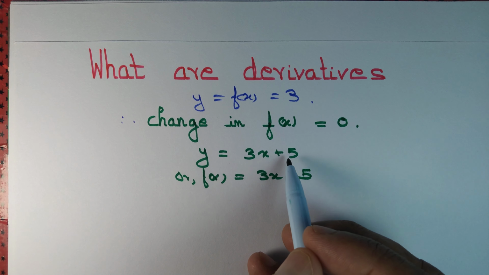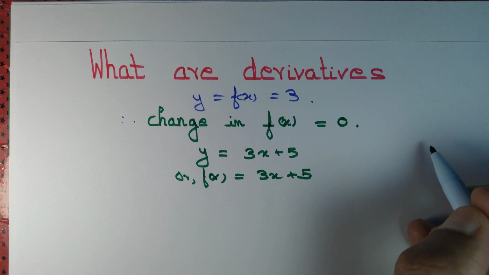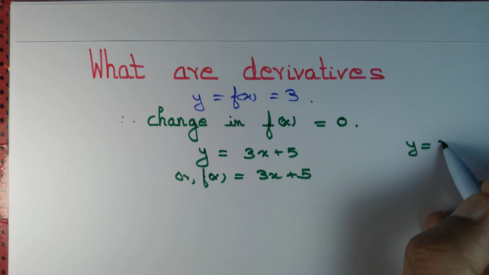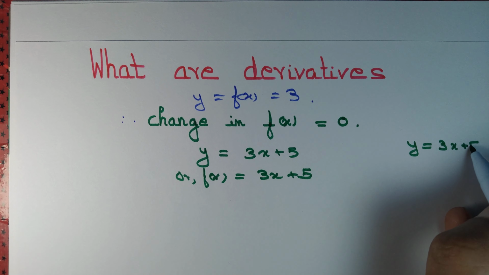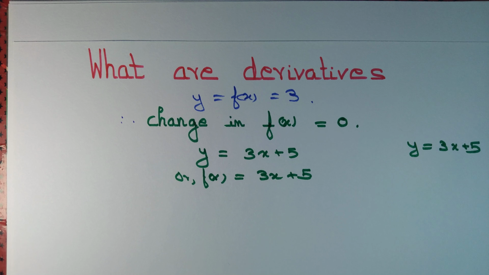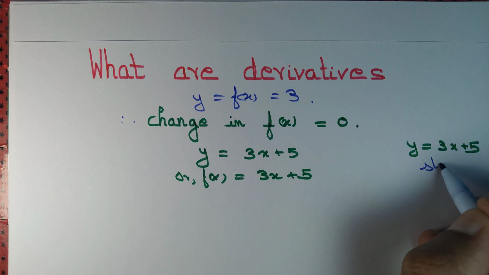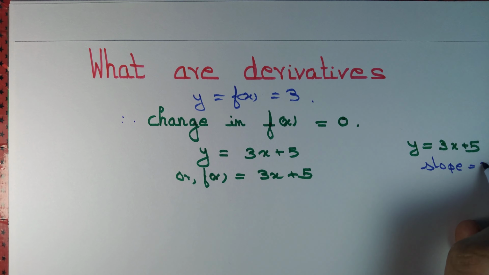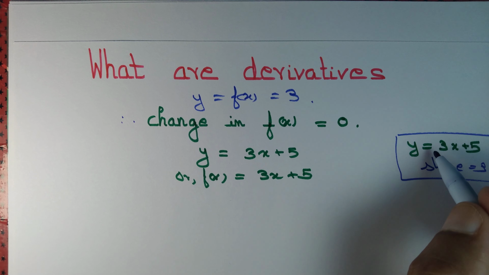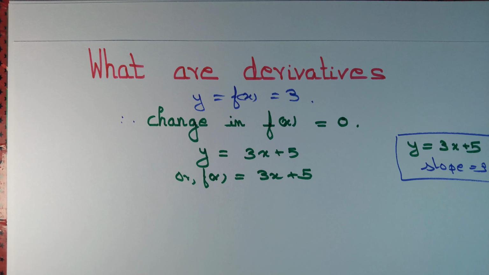Now, if you draw a graph of this function, f(x) equal to 3x plus 5, then you will get a straight line with slope equal to 3. That's the graph of that function.